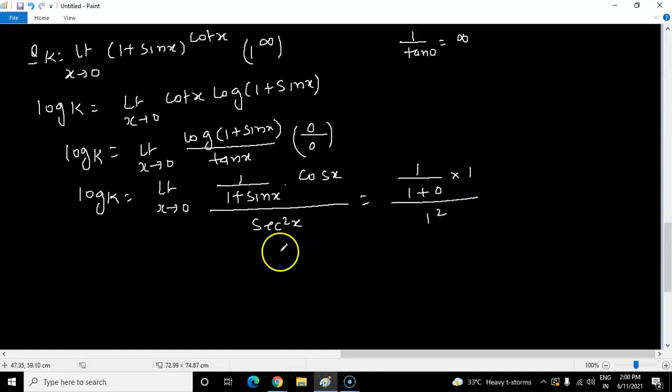So you get 1 only. Log of k is equal to 1, so k is equal to e to the power of 1. The e to the power 1 is a constant here, so this is the answer.